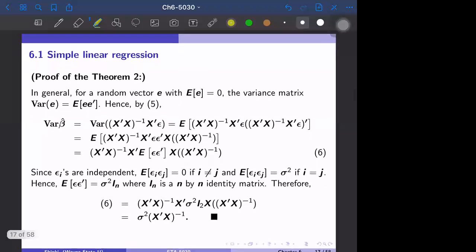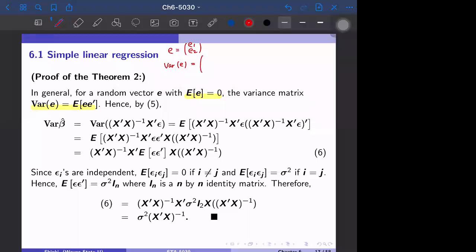And how do we prove the variance of beta hat formula? This is somewhat straightforward, but we need some calculation. At first, we want to mention that when the expectation of some vector E is 0, then the variance of vector E is the expectation of E E transpose. Just think about the case that E has 2 components, E1 and E2. Then what is the variance of E?